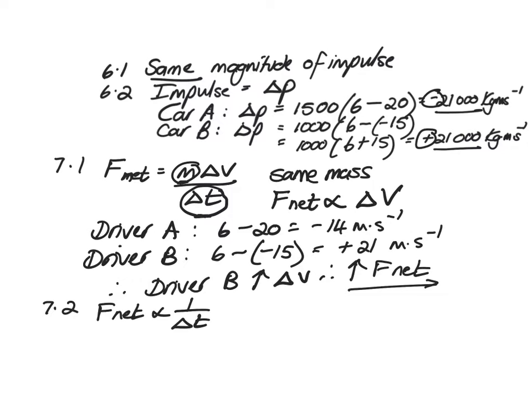So we can see that if the collision takes place over a greater time, in other words, we're increasing the time over which the change in momentum takes place, and because F net is inversely proportional to time, if we increase the time over which the change in momentum occurs, we are decreasing the F net. And because we are decreasing the F net, we have less chance of injury to the driver.